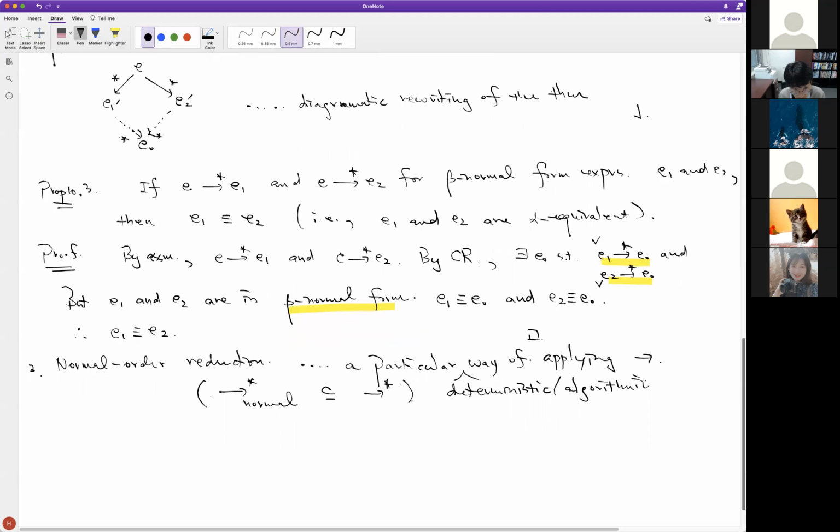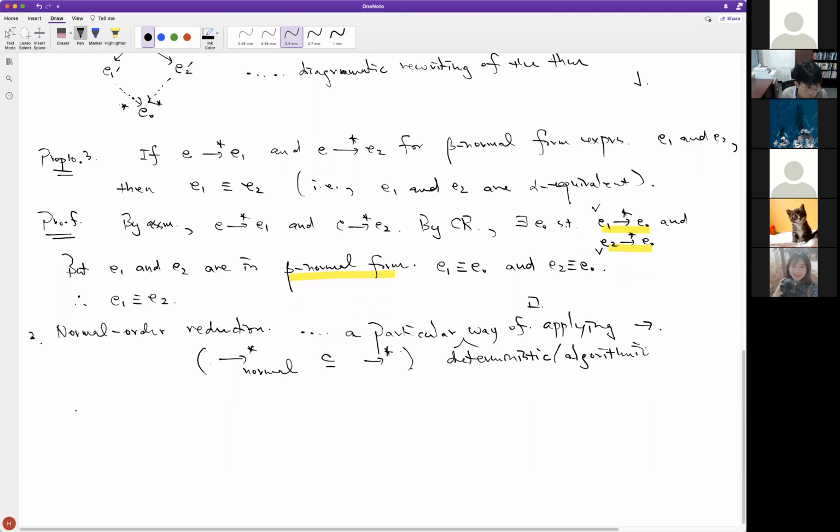To understand this, I think the best way is to look at an example. So think about this example, U and V, lambda X dot XX and lambda X dot XX.